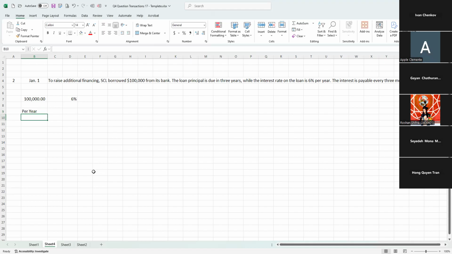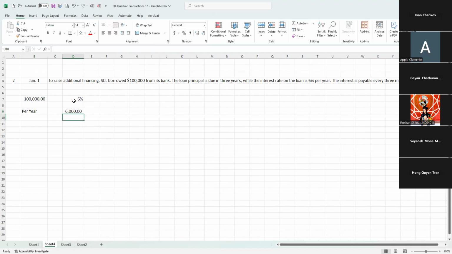That will be 100,000 times 6%. So my annual interest expense will be $6,000. How much is it per month? Divided by 12. So that will be my monthly interest expense.